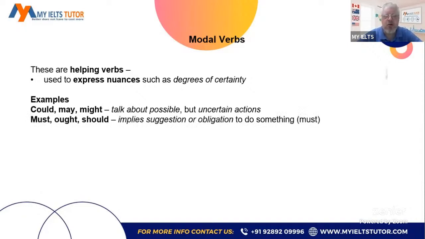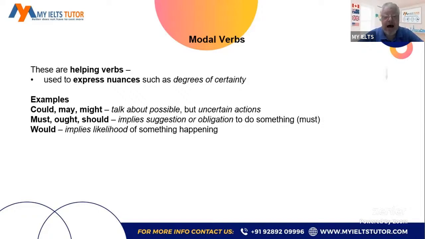Must, ought, and should. These imply suggestions or obligations to do something. Especially must. You must prepare for IELTS. Okay, that implies that you have to do something. Would implies the likelihood of something happening. Okay, so these are examples here.